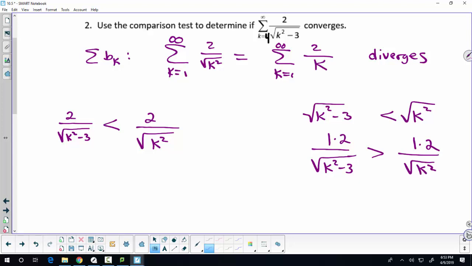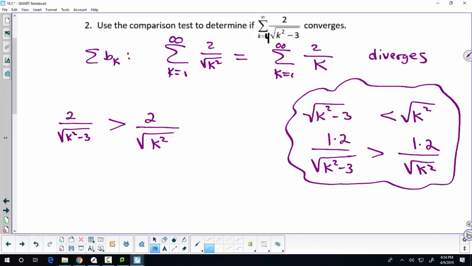Because the denominator's smaller, the fraction's bigger. So the series we're given is larger than this series.